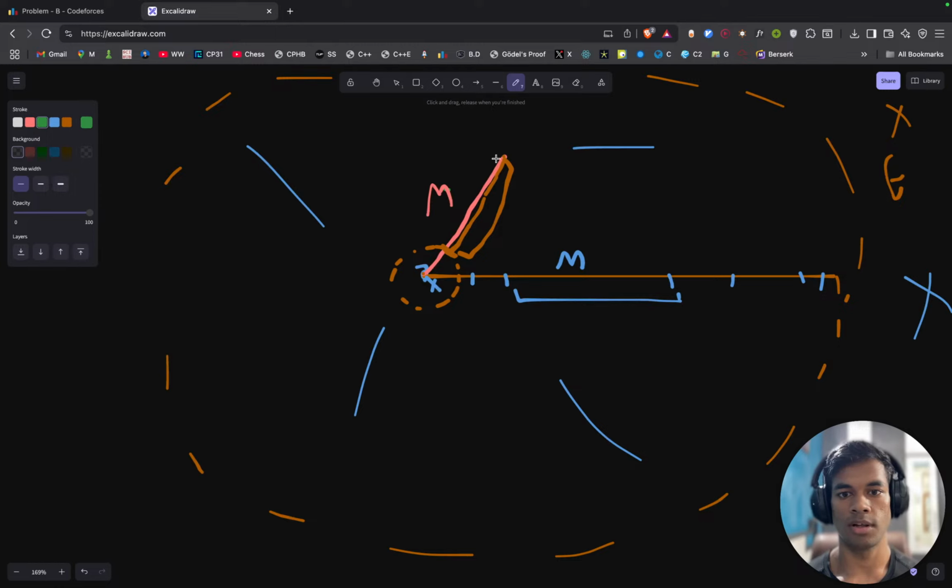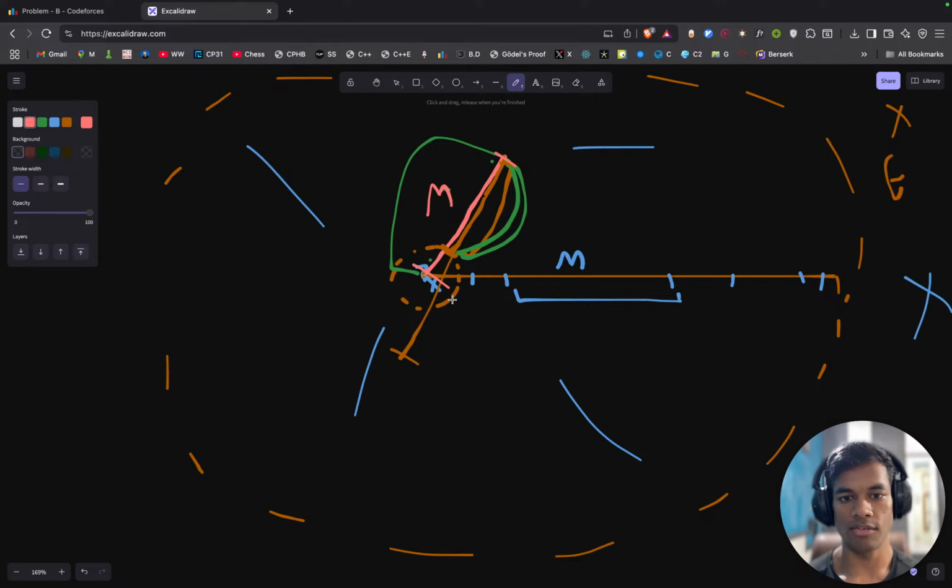So in this case, this is our maximum, and this brown part is our total minus maximum, and we are checking if this brown part, which I'm representing by green, is larger than the maximum, that is, if this brown part is larger than the pink part.